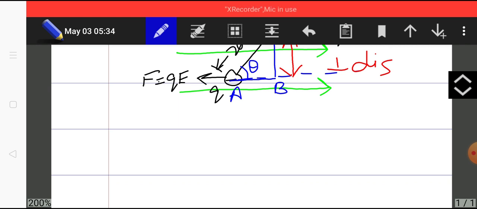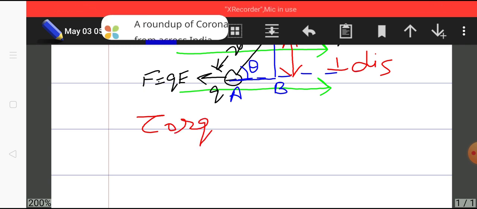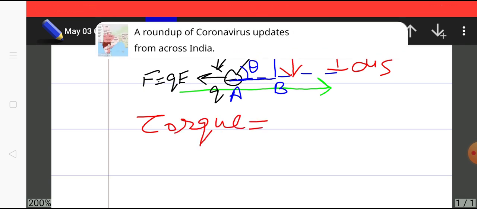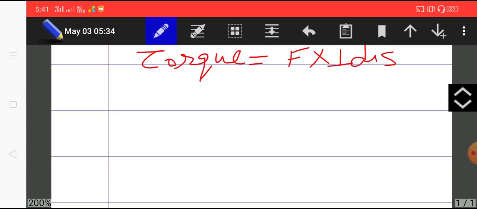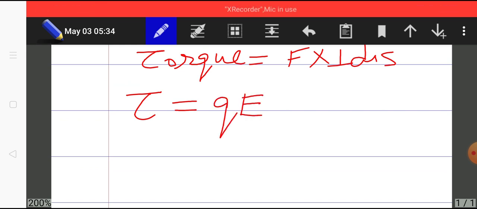We have studied its derivation in class 11th, that torque is equal to force into perpendicular distance. You must remember this formula, and putting back the values in this formula, torque is equal to the value of force, QE, multiplied by the perpendicular distance, that is CB in our case.